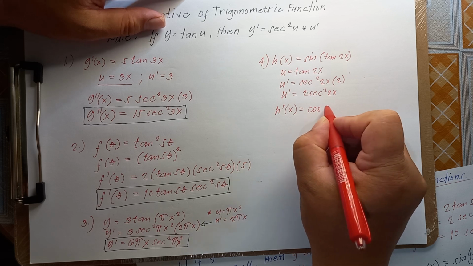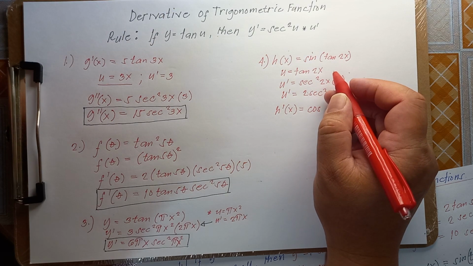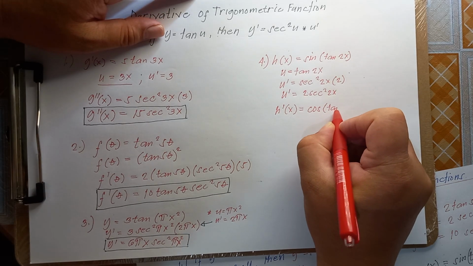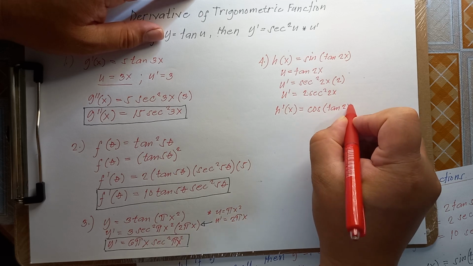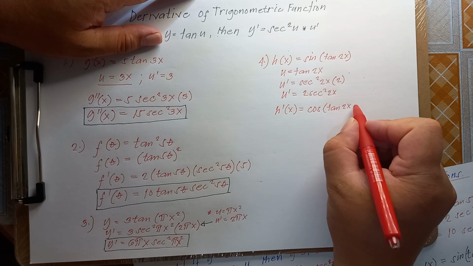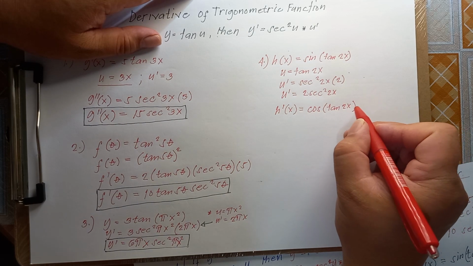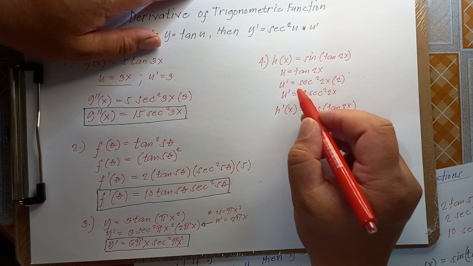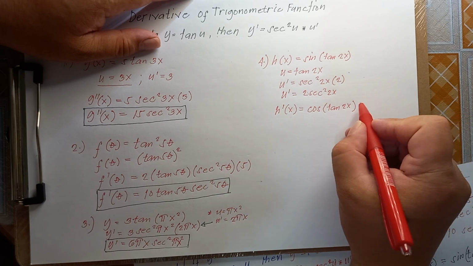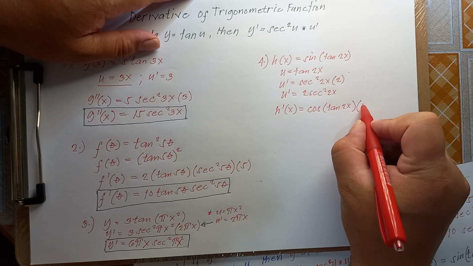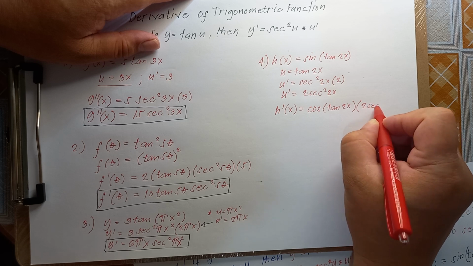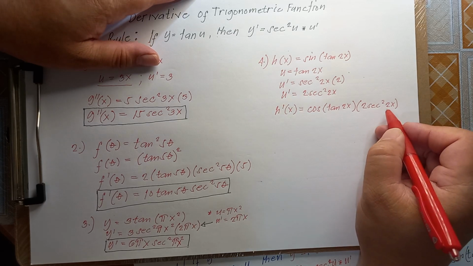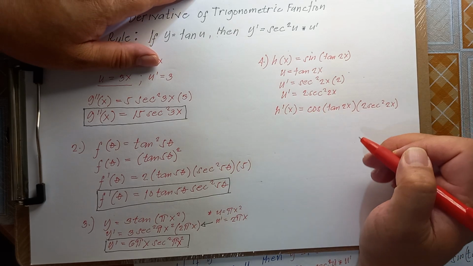So we have cosine of tangent 2x, multiplied by the derivative of our tangent 2x, which is our u. The derivative is actually 2 secant squared 2x.